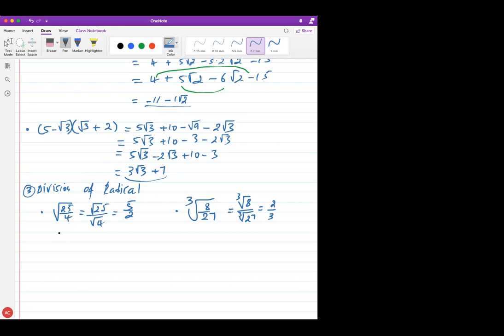You can also go back if you want to combine two things together. If you have, for example, radical 8 over radical 2, here we split these.